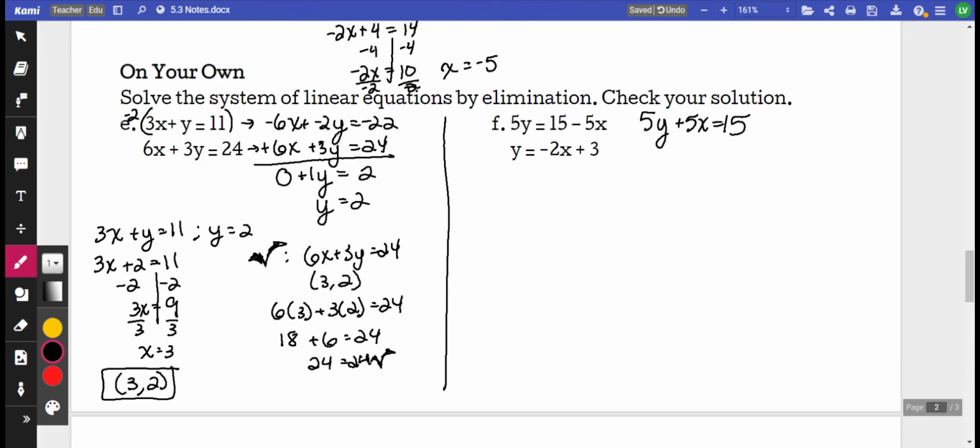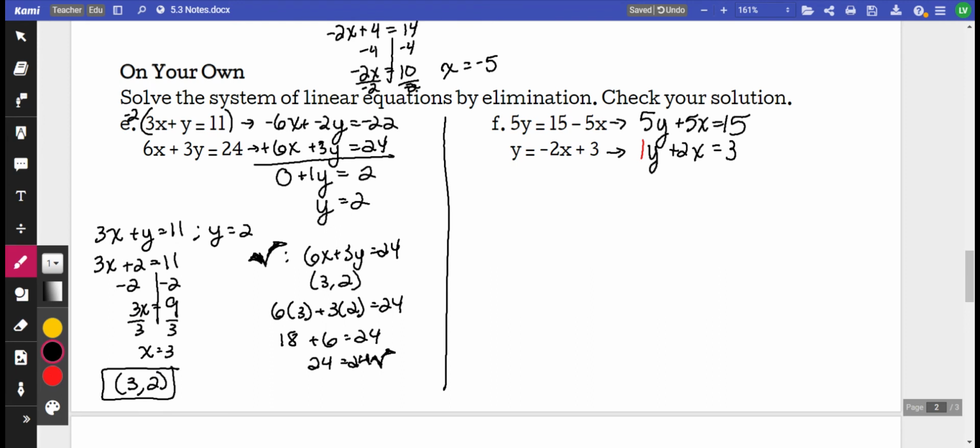Second equation, I'm going to add 2x to both sides, so that becomes y plus 2x equals 3. Now, if you notice, the x's and the y's don't match up, meaning that you don't have the same coefficient. I'm going to add in a 1 in front of the y in the second equation.